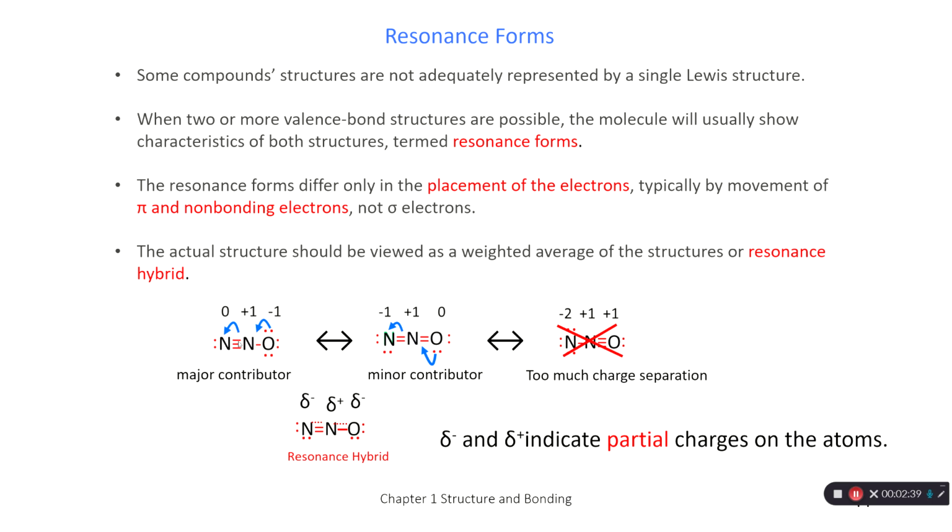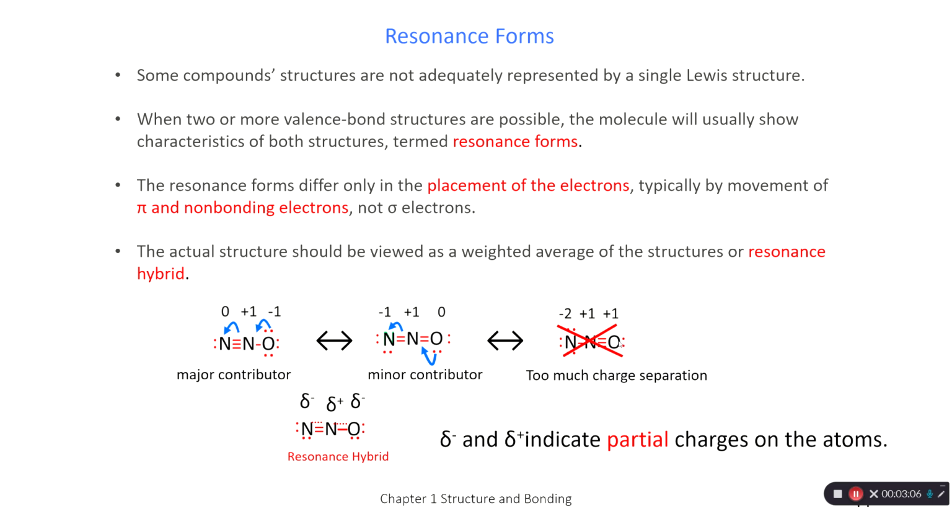We're taking this pi bond between the two nitrogens and moving the electrons onto the nitrogen. So now it has two lone pairs. And we're also taking a non-bonding pair from the oxygen and moving it to form a double bond with the oxygen. So we're just moving electrons about, and we're depicting that single molecule, which only has one structure, in two ways with two different Lewis structures.